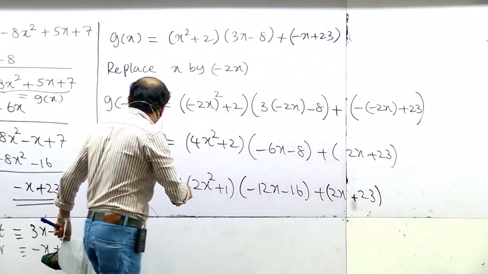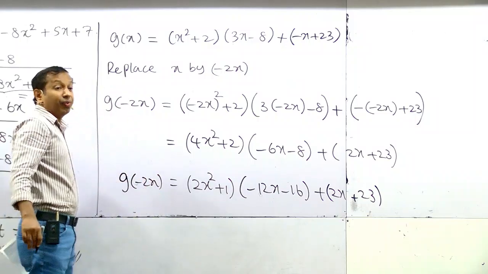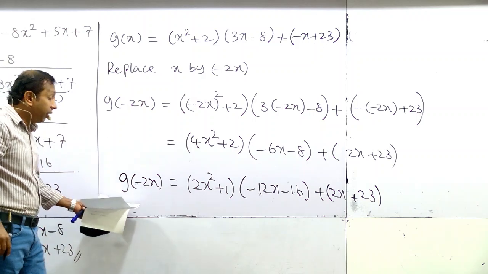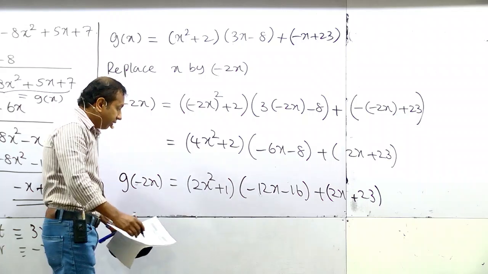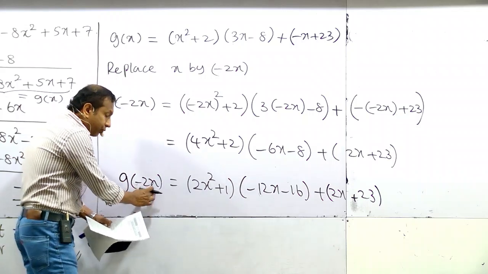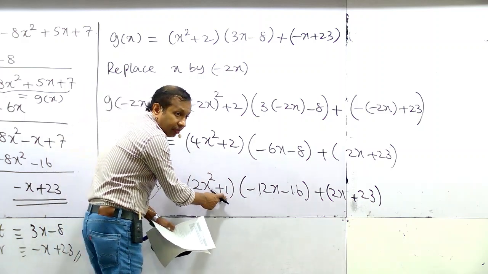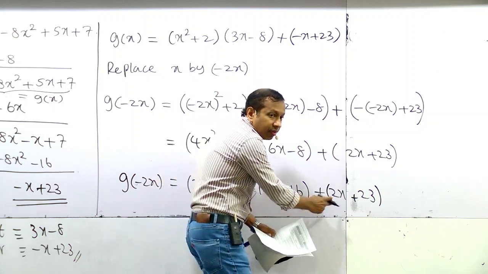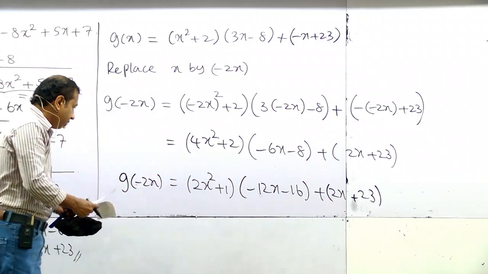Here what do you have? G minus 2x. Now what can we say? By the algorithm of division, how do you explain that? When g minus 2x is divided by 2x squared plus 1, the quotient is this and the remainder is this. Understand? Then you can write the last answer.